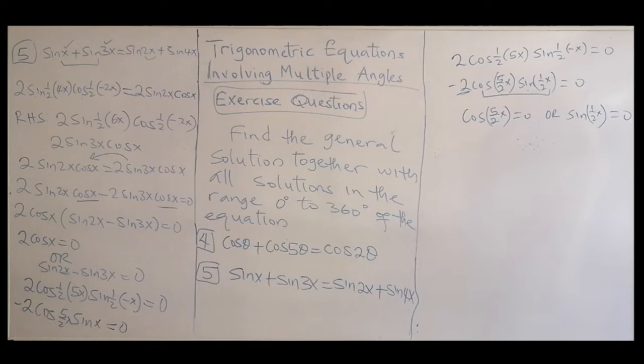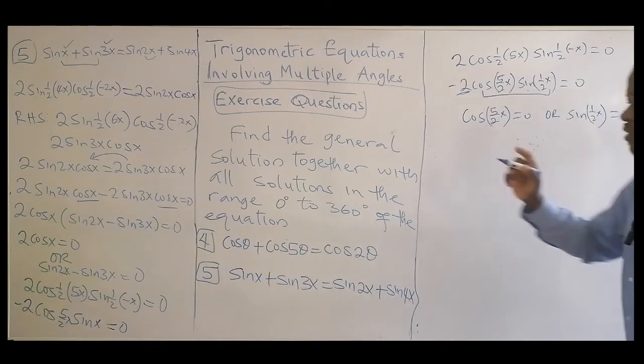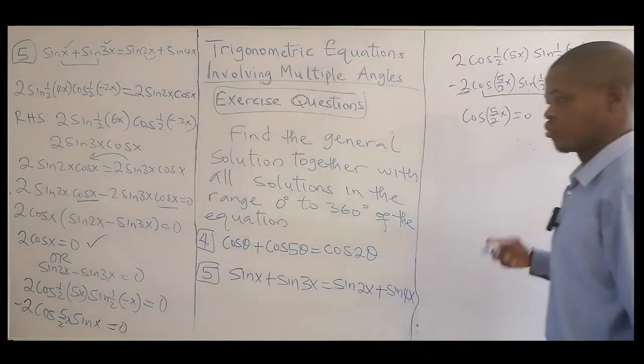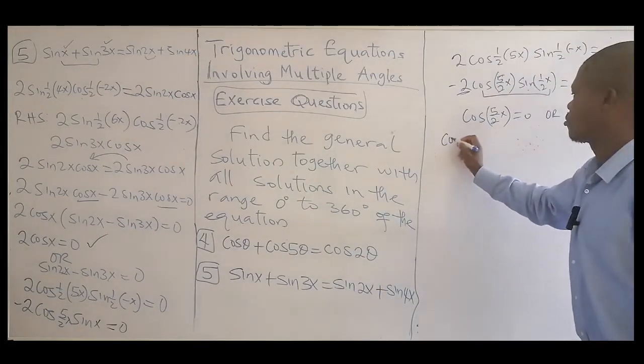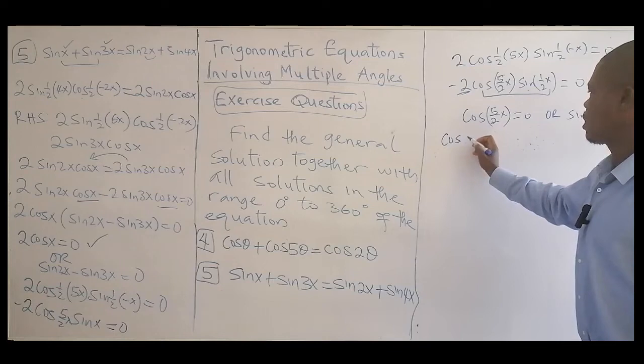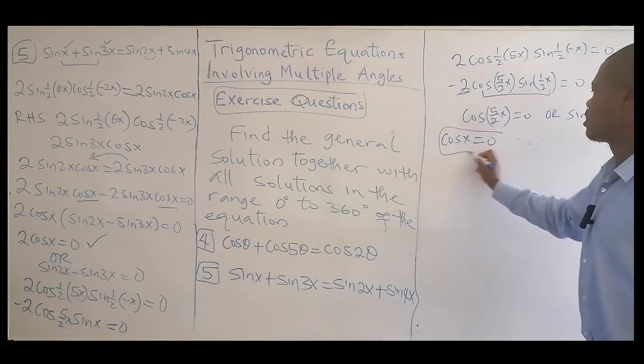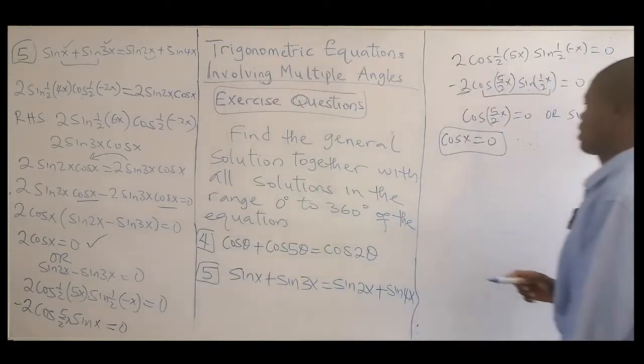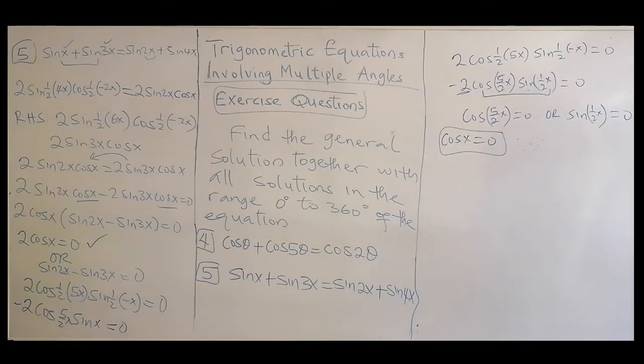So we have three solutions now. We have this one, 2 cos x equal to 0, which will be equal to cos x equal to 0. Don't forget this one here. So these are the three solutions we have. So we can get the general solution.